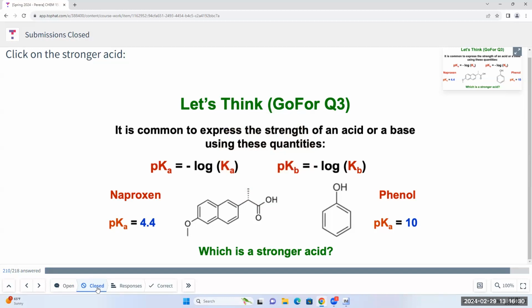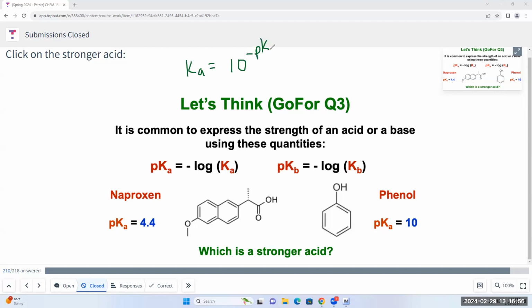But before I look at your answers, I want to show you the way I think about this. The first thing I'm going to do is convert pKa to Ka. How do we do it? Ka is equal to 10 to the power of negative pKa.